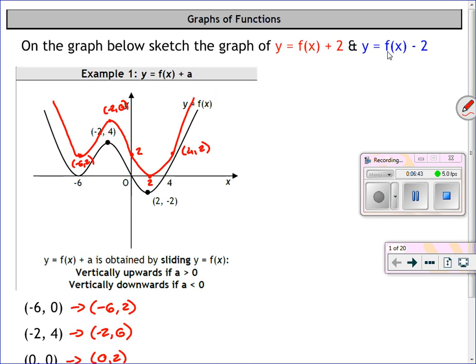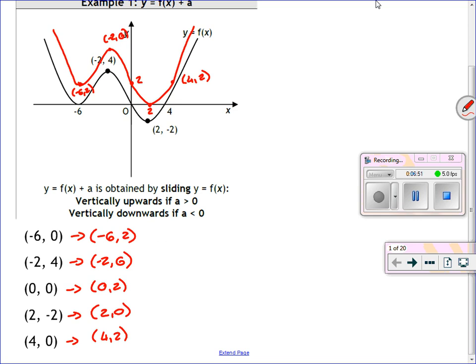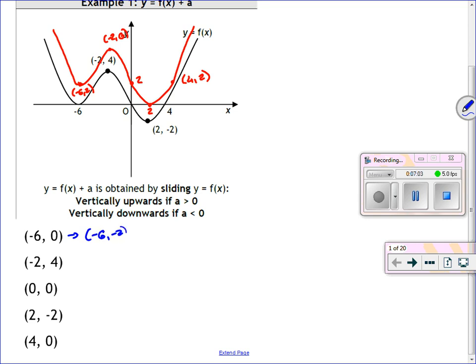Next, we're going to take a look at sketching the graph of y is equal to f of x minus 2. I'm going to do this in blue. Let me go back to my original coordinates. In the same way, minus 6, 0 would go down 2 places and become minus 6, minus 2. Minus 2, 4 goes to minus 2, 2. 0, 0 goes to 0, minus 2. 2, minus 2 goes to 2, 0.